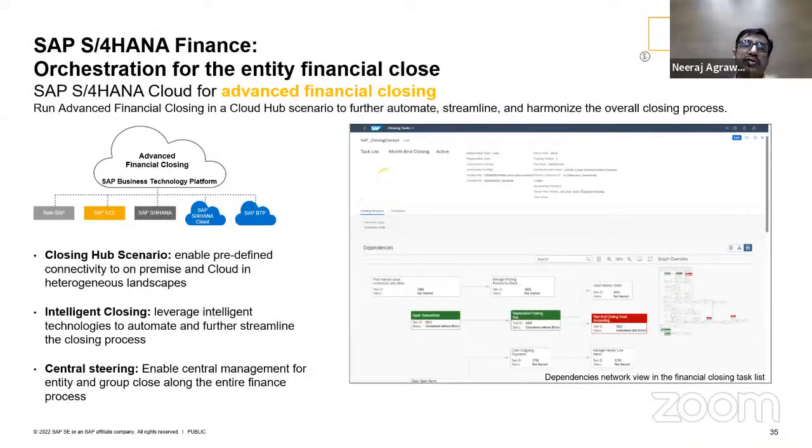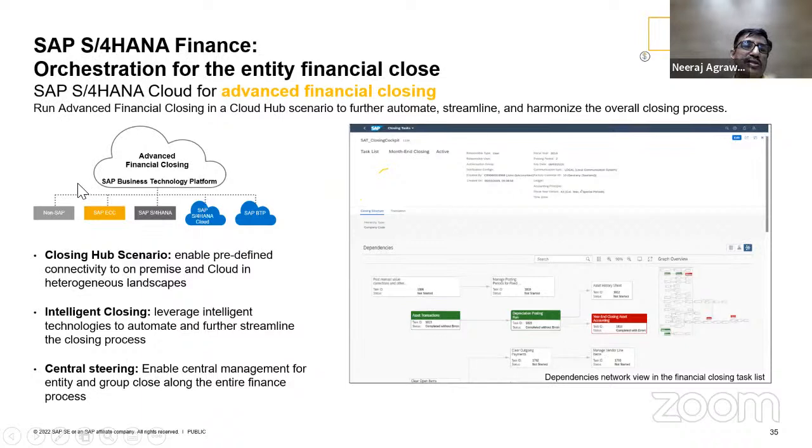Moving next, there is something that we are trying to show here. With the closing hub scenario, you might have different kinds of landscapes, where you might have non-SAP systems, ECC, S/4HANA, or cloud and BTP systems.